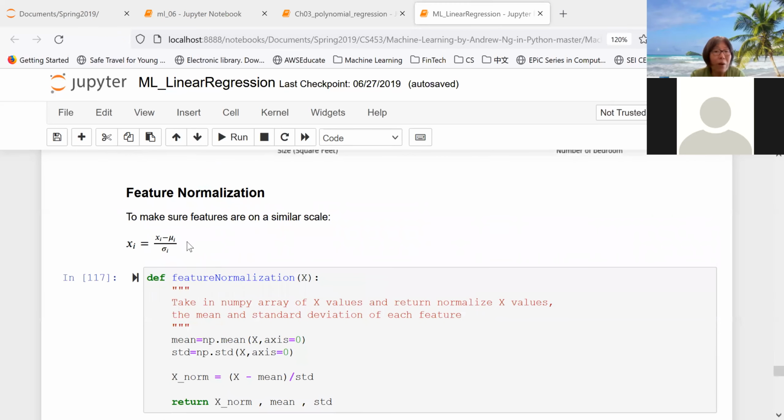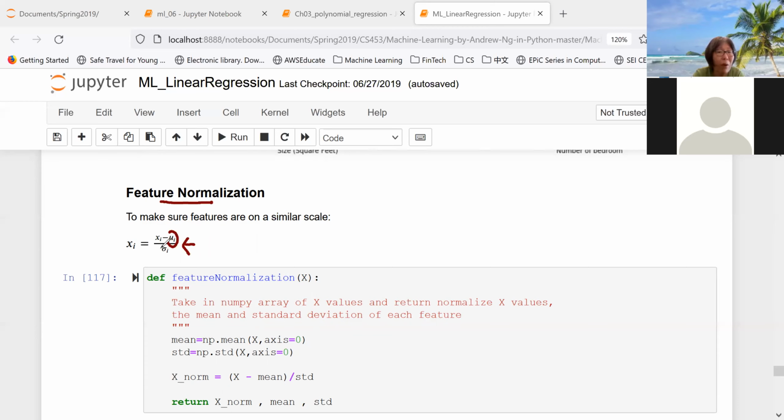And over here, it also has the raw implementation. It shows us how we do feature normalization, okay?